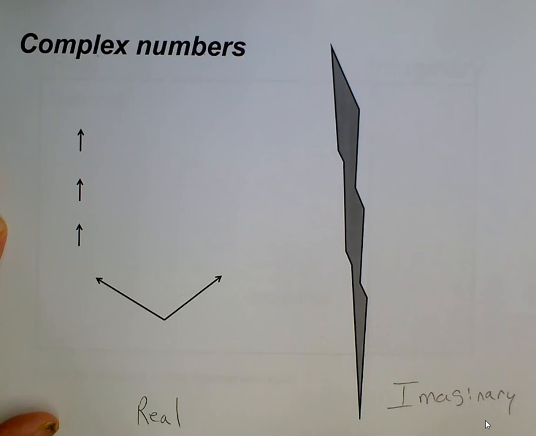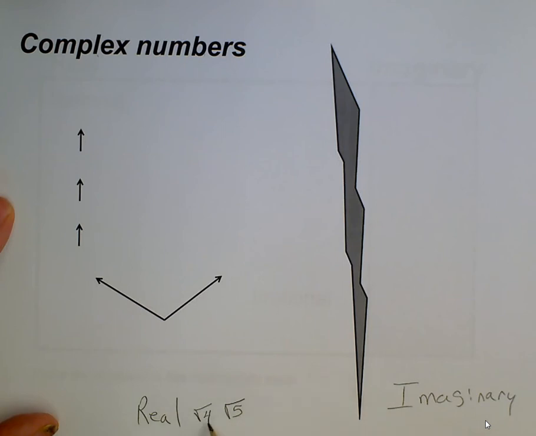Now, a real number is a number, the only time that a number is not real is the square root of a negative number. So, for instance, over here, the square root of 4, which is 2, is a real number. The square root of 5, which is not nice, but is a little bit bigger than 2, is a real number.